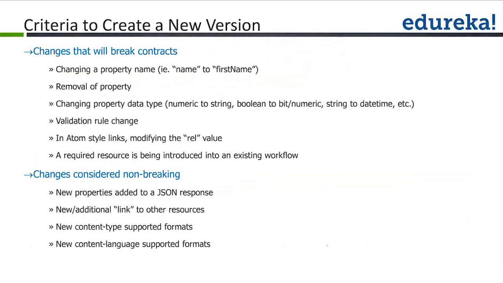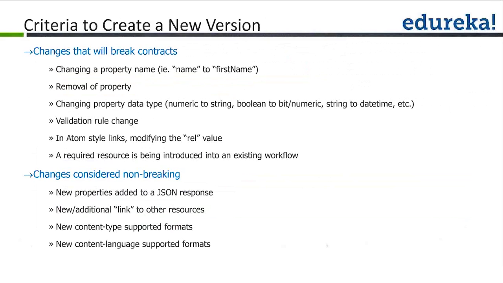We can change a property name from name to first name. That will also break your service. The client will still bind the value which is coming in the response to the name, but it has been changed to first name, so the client will not know. If you remove any existing property, if you change a property data type, I'm already discussing this so many times. Validation rule change.